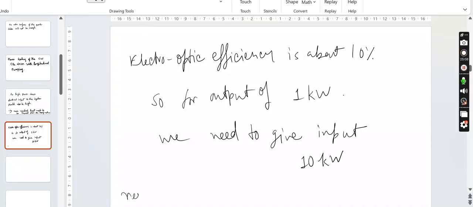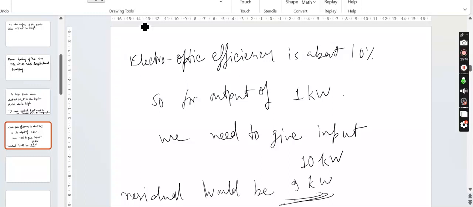The residual heat would be 9 kilowatt. This is too large to be removed by a water flow.